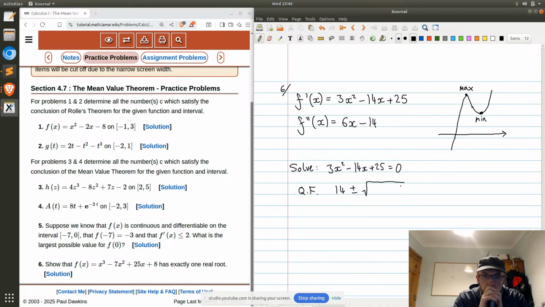You have no answers, and therefore if that has no roots, then that means that the entire function is increasing throughout. And that's all you need, right?